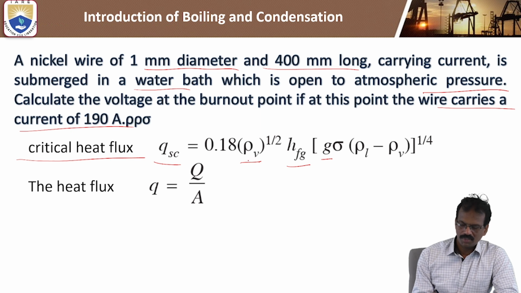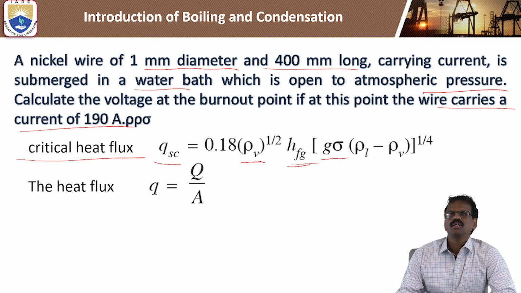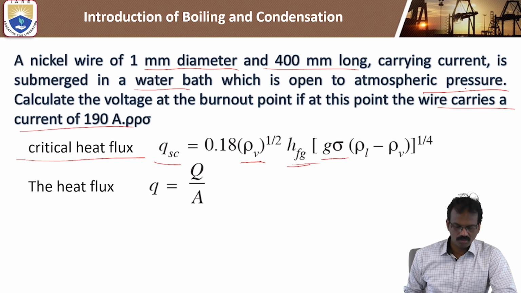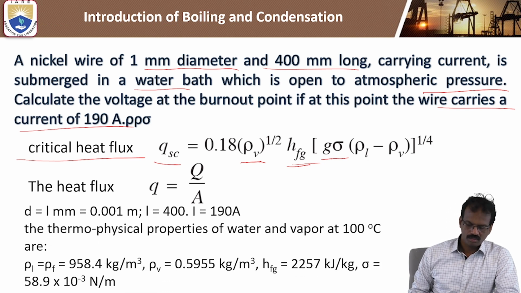So all these parameters, density of vapor, enthalpy, and g and the sigma, we have to take from the data book based upon the given temperature and pressure. So we'll see the physical properties. These are the given data.